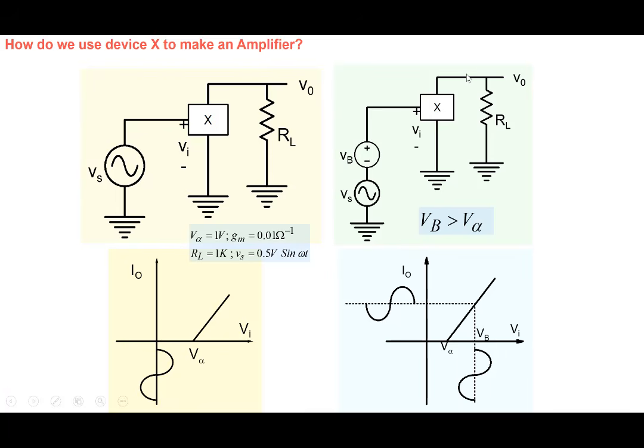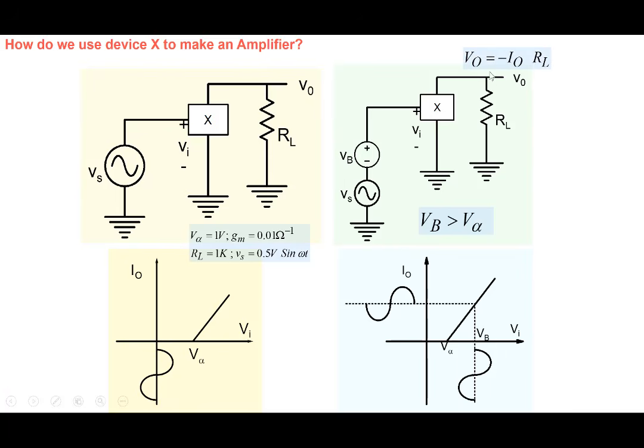So the output current will have a sinusoidal component. If this were a speech signal or a video signal, the output will be exactly like that speech signal or video signal. Besides the DC current, it would have that extra signal component, and therefore the output voltage will also have that signal component.